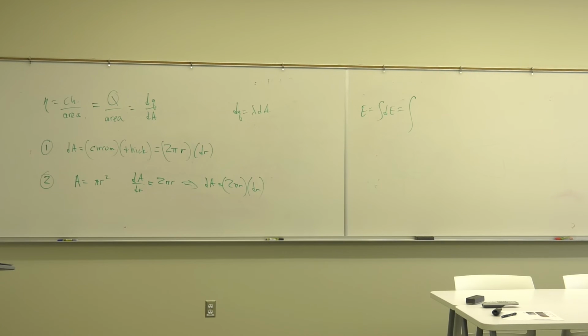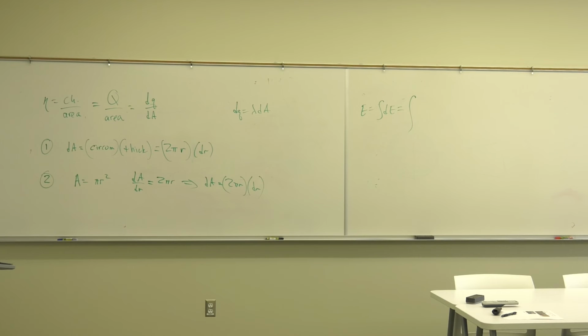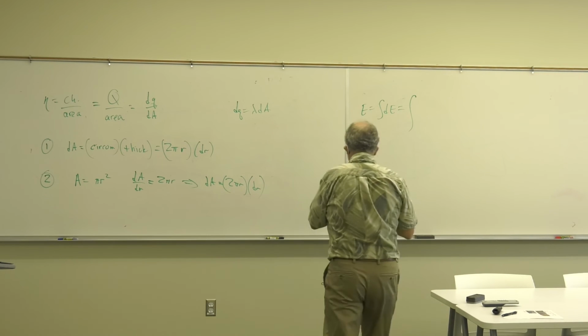Also, what was uppercase R in our answer? The radius of the wire. Well, what's the radius of the wire now? Small r. And it's going to go from what to what when we integrate? It's going to go from 0 to big R. Okay? All right. So we can do it.